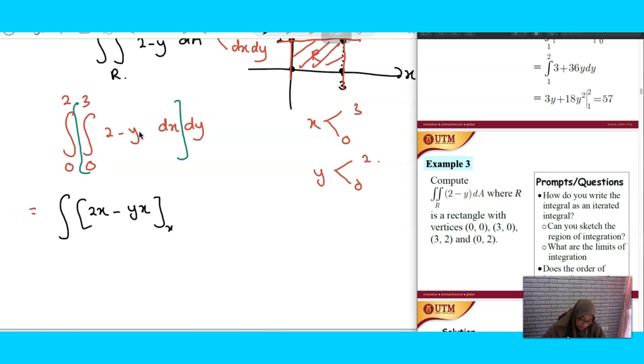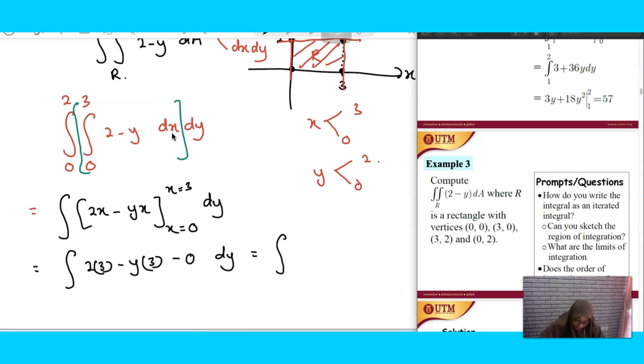Now you are integrating with respect to x, so your limit belongs to x: x from 0 to 3. Then you replace the x: 2 times 3 minus y times 3 minus 0, dy. When we simplify, you get 6 minus 3y dy.